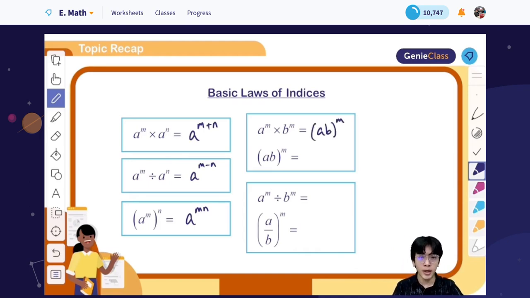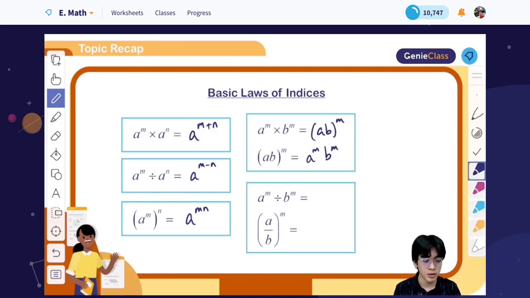Because the bracket tells you that whatever I'm doing outside the bracket applies to everything inside the bracket. So I'll take a power m and then I have b power m. Same thing backwards: if I see (ab) power m, I'll have to apply the m to both a and b.